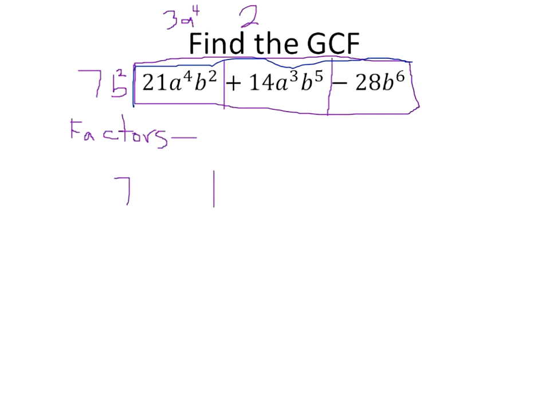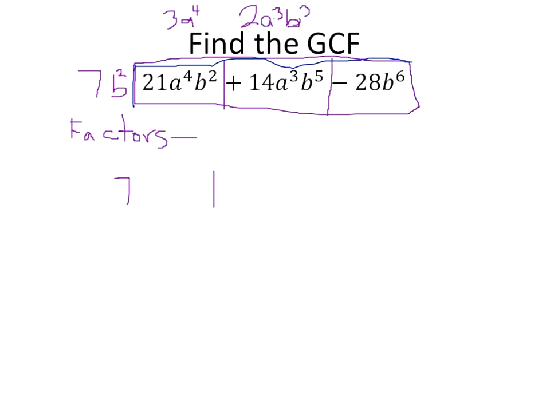I need all 3 of the a's, don't I? How about the b's? I need 5. I've already got 2 of them, so how many more do I need? I need 3. Good. Excellent.